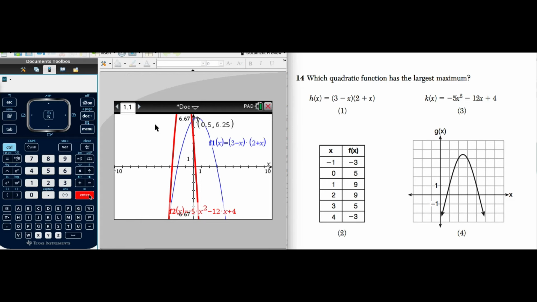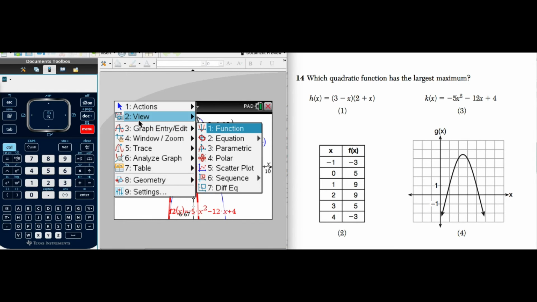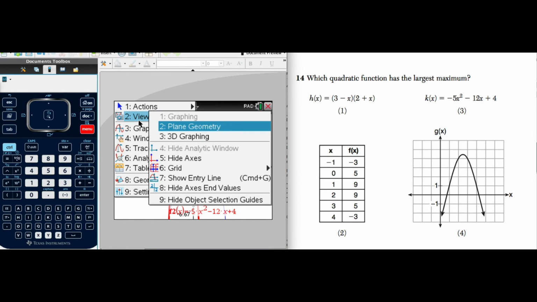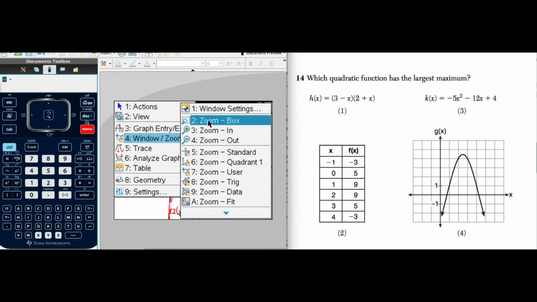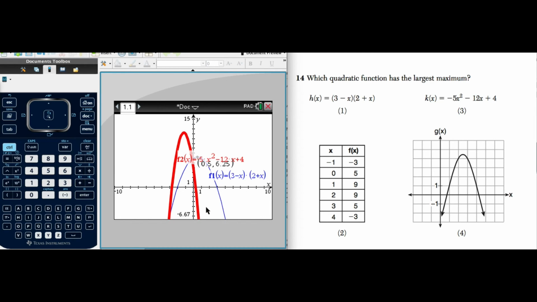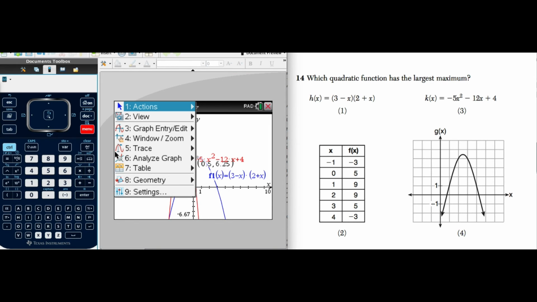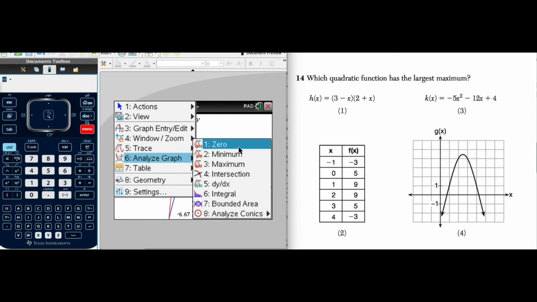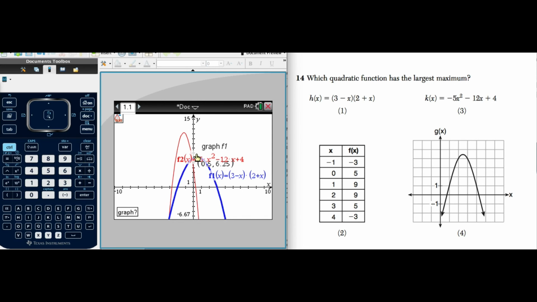Let's adjust the graph so that we can determine it. We don't have to, we could actually just go and find the maximum, but I'm going to go to window, and we're going to increase our y values here. So I'm going to go up to, say, let's go to 15 to be safe. We'll click OK. There we go. So now we want to go to the menu once again, analyze our graph, and go for our maximum.